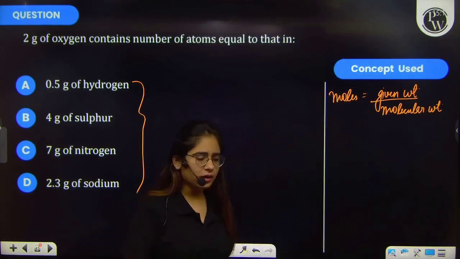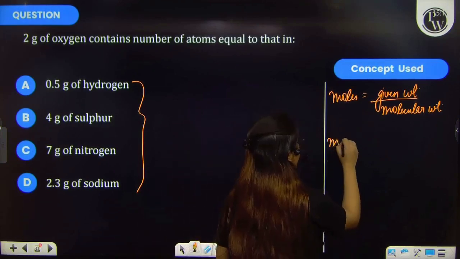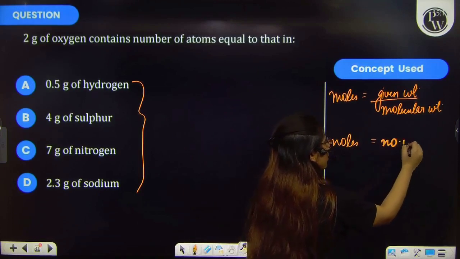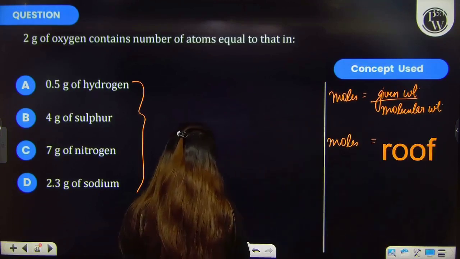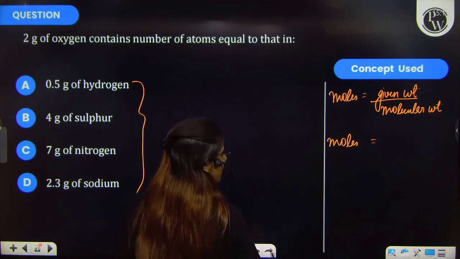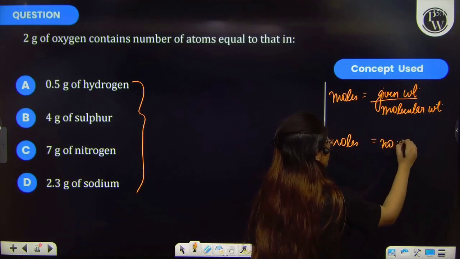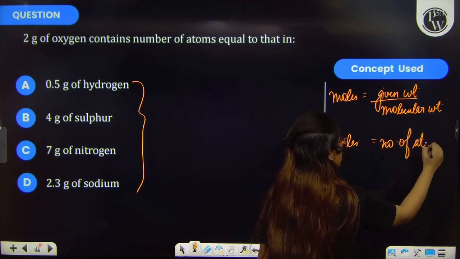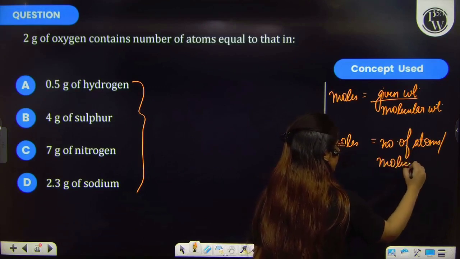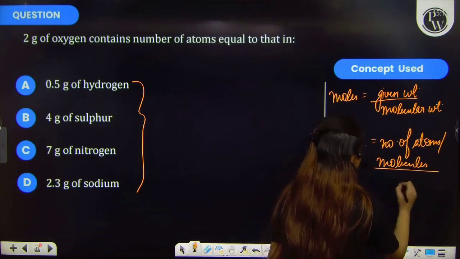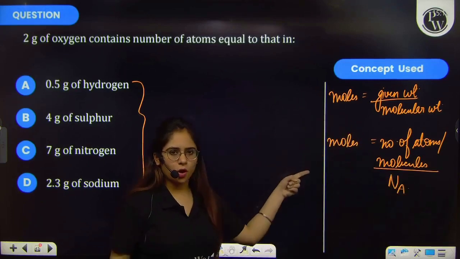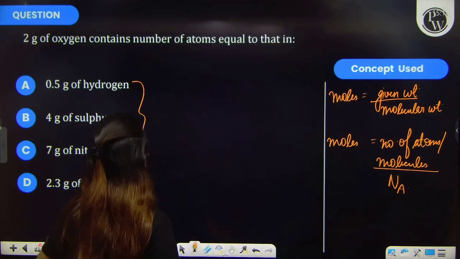Also we know that number of moles in terms of the number of atoms or the molecules is equal to number of atoms or the molecules upon Avogadro's number, right? Now by using these two formulas, let's solve our question.